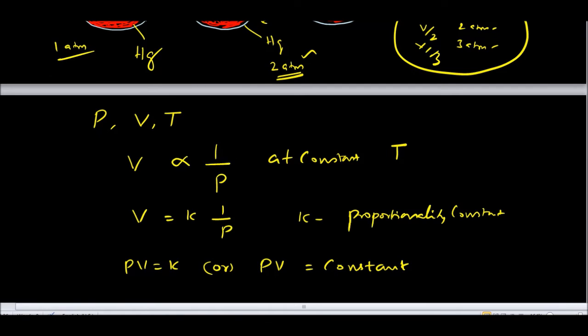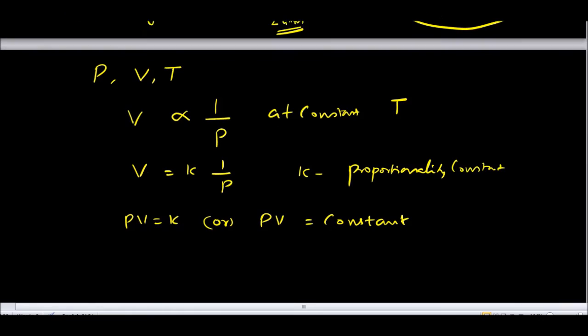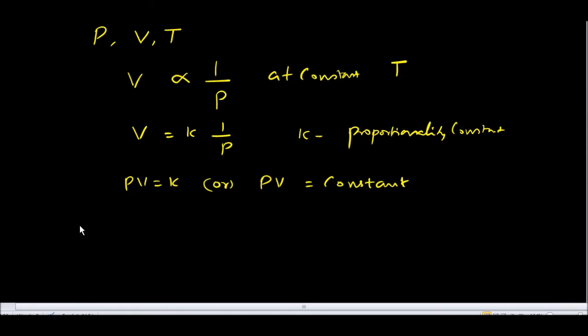Consider a gas at a pressure of P1, its volume is V1. The same gas at another pressure P2, its volume is V2.